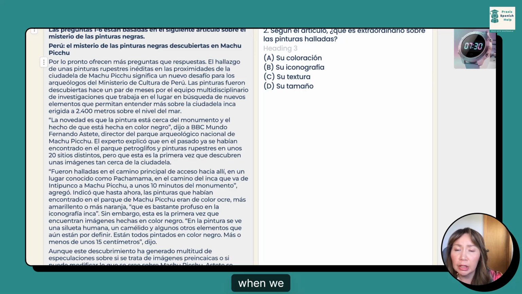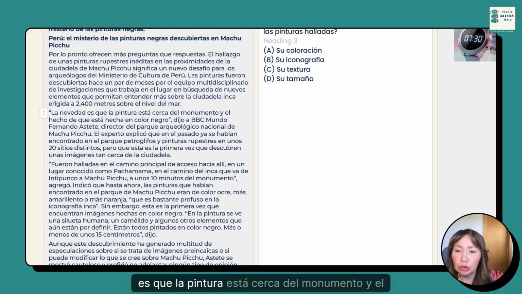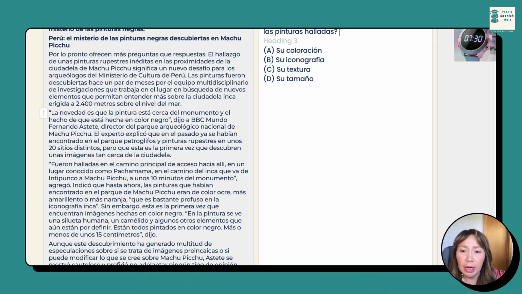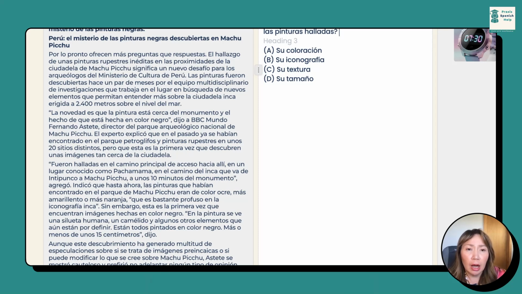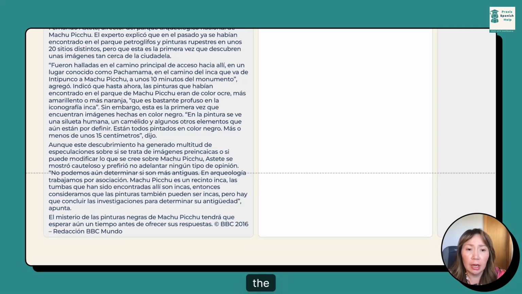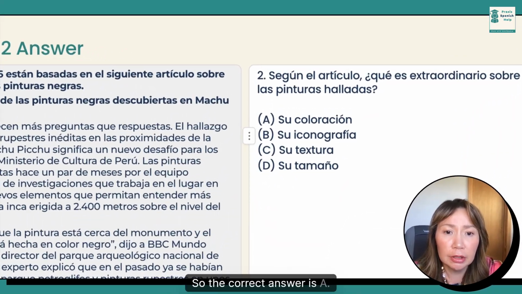Also, when we look at the text, it says, la novedad es que la pintura está cerca del monumento y el hecho de que está hecha en color negro. So this is the answer, right? Something extraordinary about this rock art was su coloración. The color was extraordinary, so the correct answer is A.